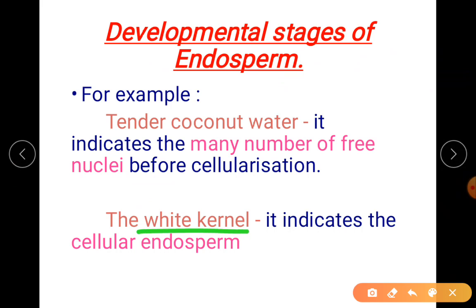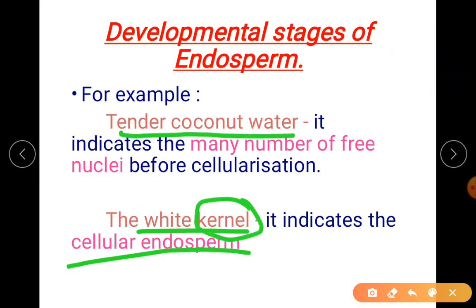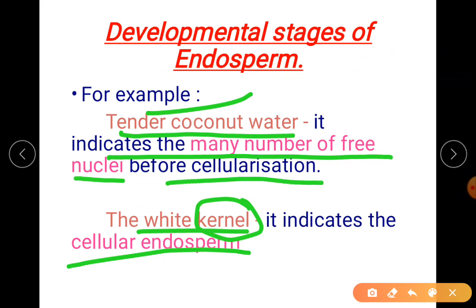That is why the white part, the kernel, is your cellular endosperm. Whereas in tender coconut, the kernel seems very thin, filmy, soft, which you like to eat. So this indicates there are many free nuclei before cellularization.